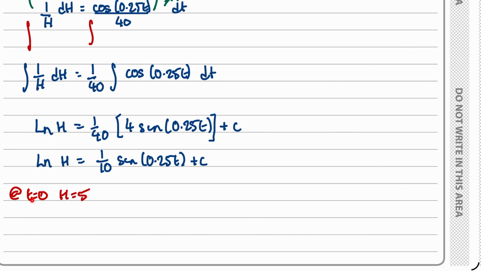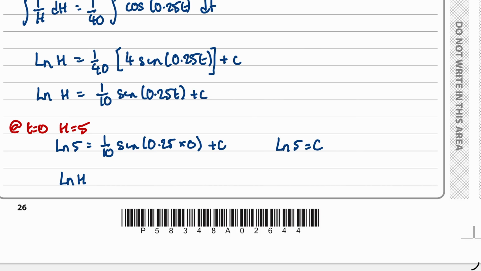And now we can substitute these into our equation, and that will give us a constant. So the natural log of 5 will be 1/10 times the sine of 0.25 times t, which is 0, plus c. And we know the sine of 0 is 0, so all of this will go. So we're left with the natural log of 5 equaling that constant. And then we can substitute this back into our equation.